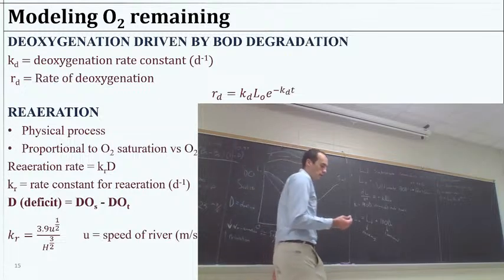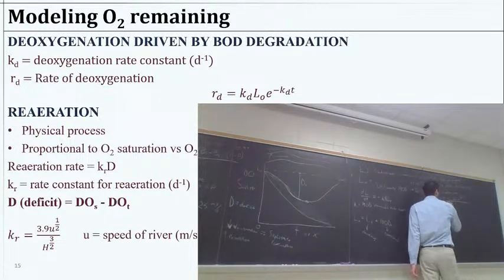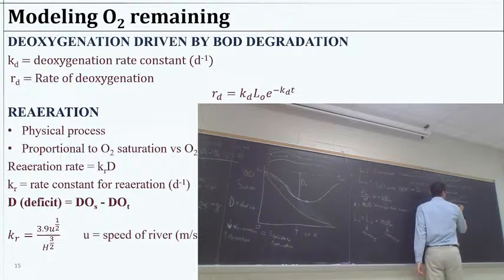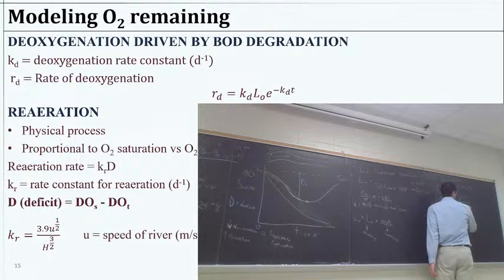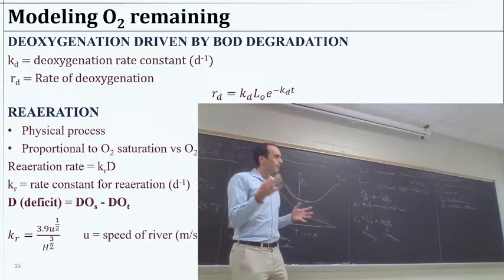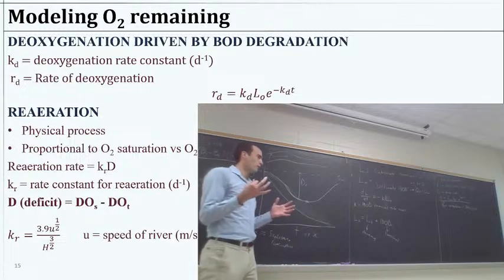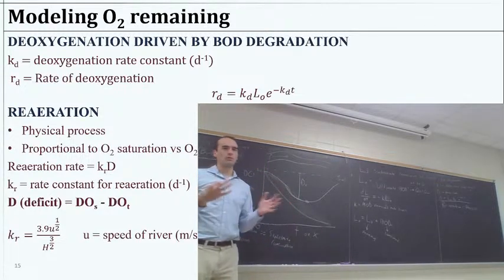Okay, so then we want to talk about reaeration. And this is largely a physical process. You could consider that gradient that I was talking about with the deficit. That's sort of a chemical thermodynamic type of process, but it's also very physical in the sense that it's pretty much diffusion, right?